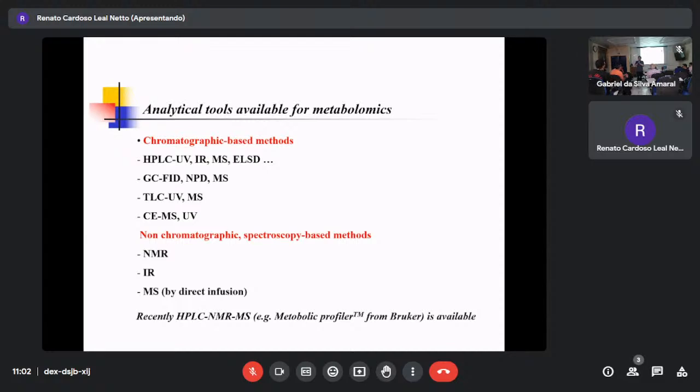But NIR, Raman, well, IR, we call it vibrational spectroscopy. That one is good for chemical fingerprint. So recently, HPLC-NMR is possible.